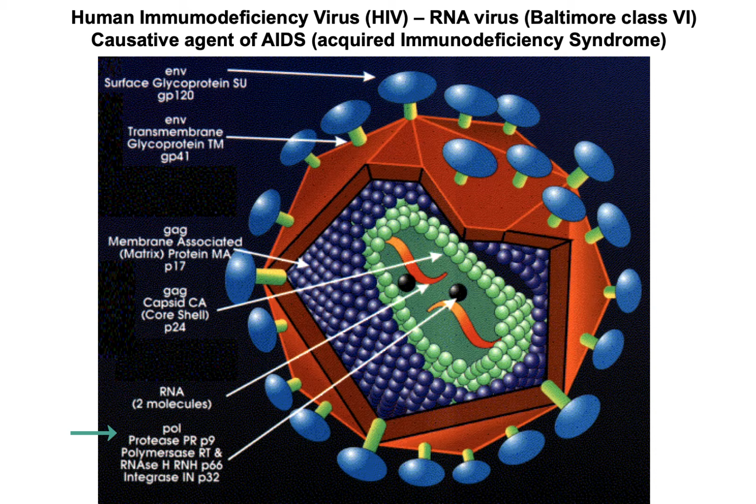And then the pol is carried along with that. That's another polyprotein, which contains the protease, the reverse transcriptase, RNase H, and an integrase, which aids in integrating the DNA copy of the virus into the host chromosome.